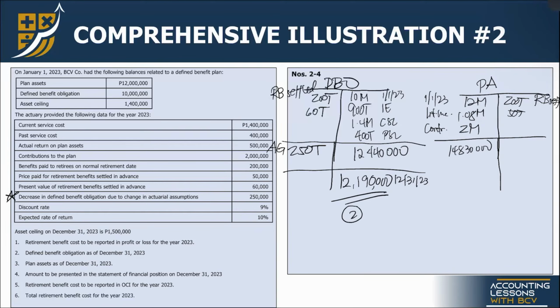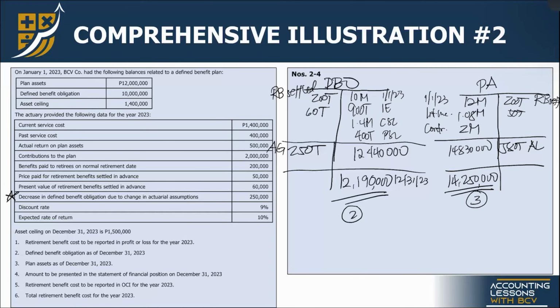So meron ulit tayong actuarial loss for the plan assets. 580,000. Okay? So magkano ang December 31, 2023 balance ng plan assets natin, please? That is 14,250,000. That's the answer for number 3. Okay?